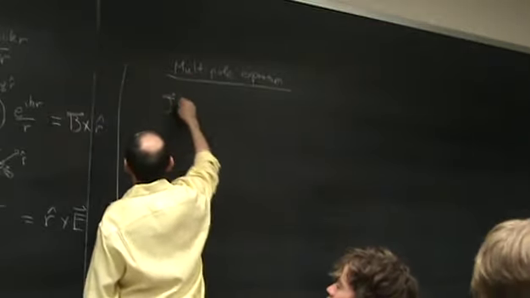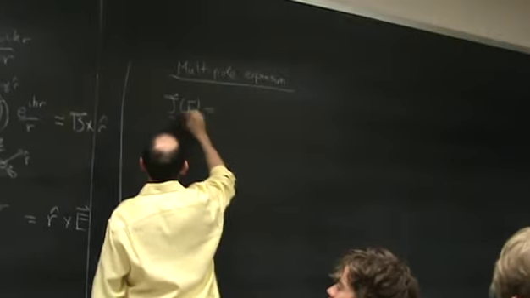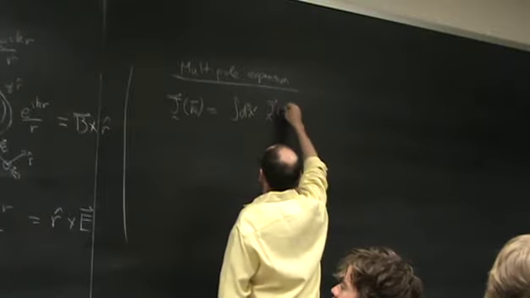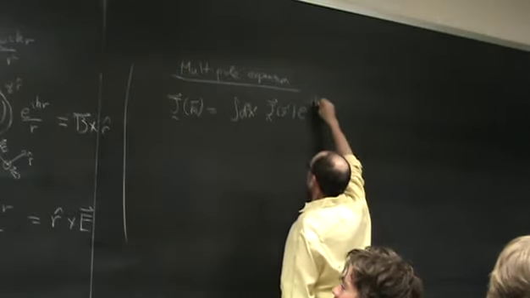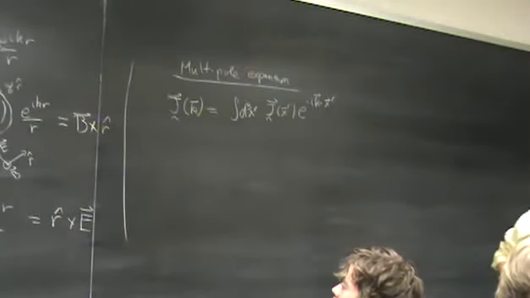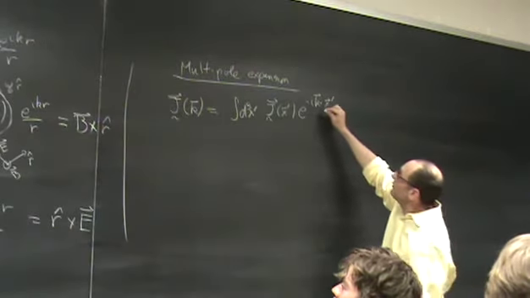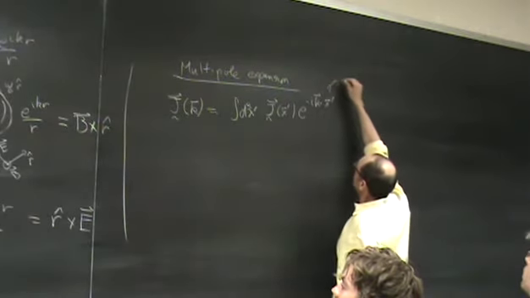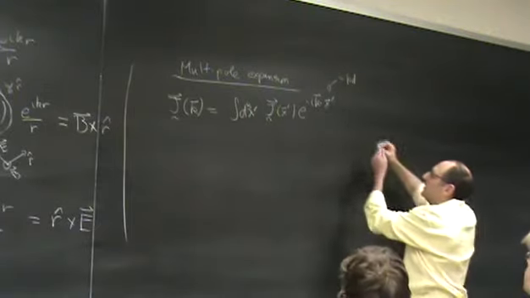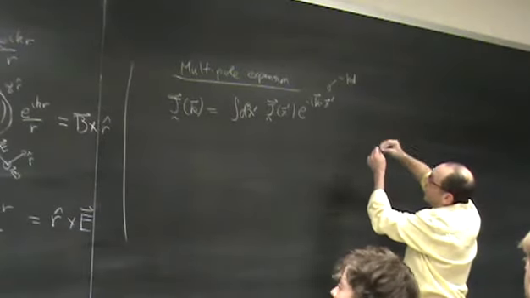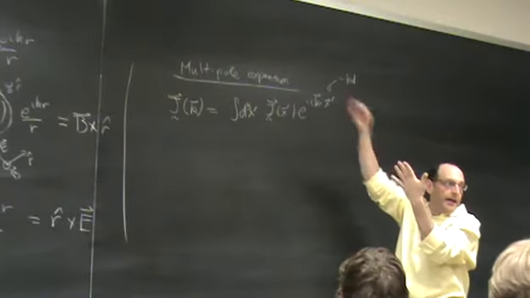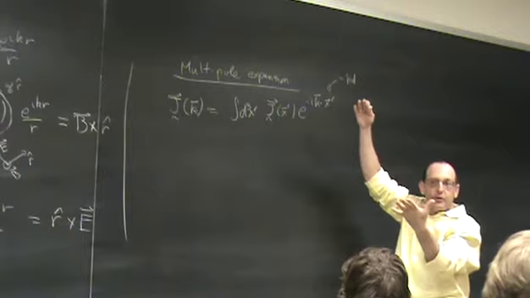So, the key player is the spatial Fourier transform of the current density. Under the approximation, remember that the exponent here goes like kd. x prime is the distance from the origin to positions in the source, which are no bigger than d, which is of the order of the size of the source.